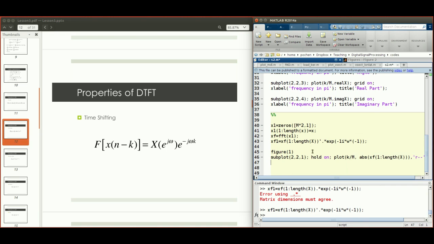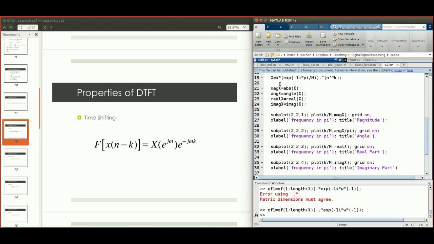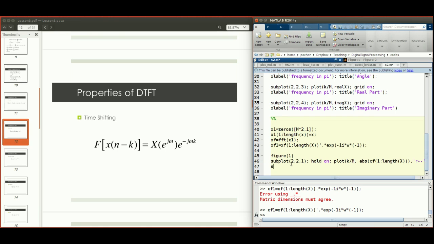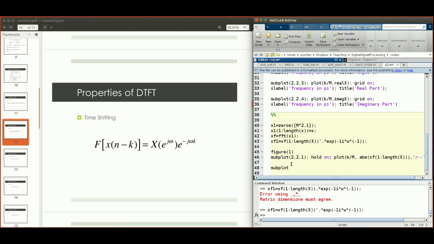So now let's compare the phase of xf1 with the phase of big X. So subplot 2, 2, 2. Hold on, and then plot k divided by big M, and then the angle of xf1 divided by pi. Still, let's use red dash lines.